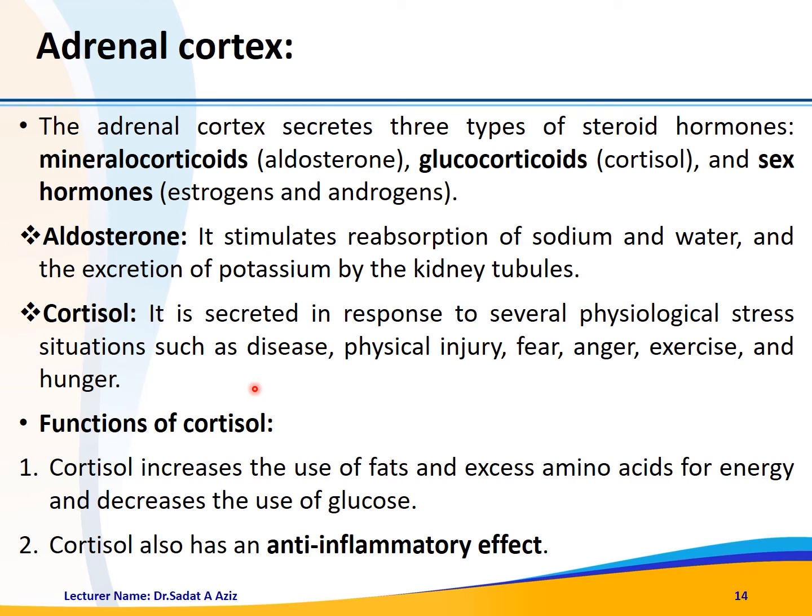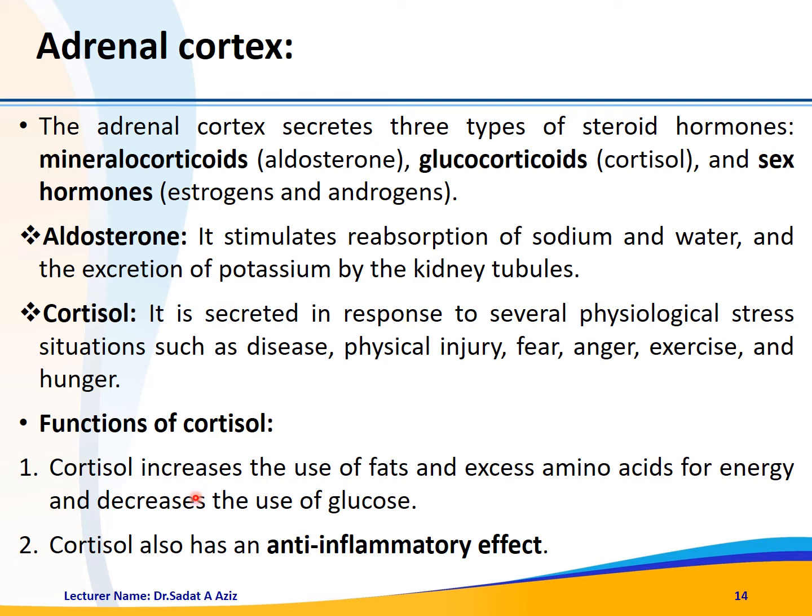To produce cortisol. So cortisol increases the use of fat and excess amino acids for energy and decreases the use of glucose. That's why the administration or prescription of cortisol is contraindicated for what? For patients who have diabetes mellitus.